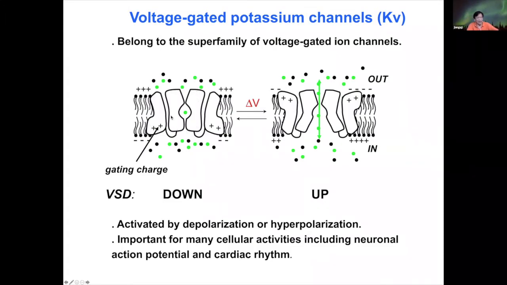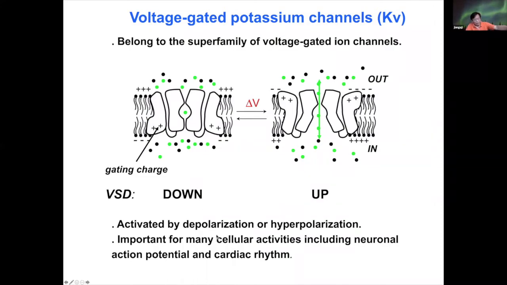You have the ion conduction pore in the middle, and you have the voltage sensing domain, which can sense the change in transmembrane potential. After the transmembrane potential changes, there is a conformational change in the voltage sensor, and this change is coupled to a conformational change in the pore domain, switching the pore between closed and open state. And in the open state, the pore can allow ions to go across the membrane.